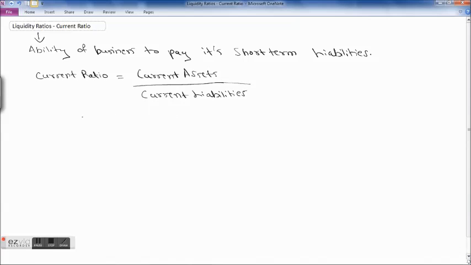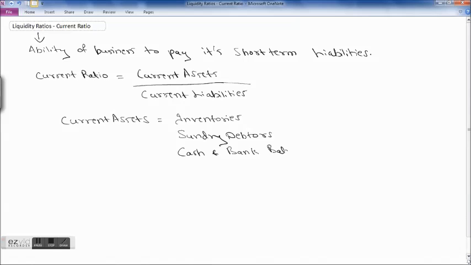Now let's see what is included in current assets, that is the numerator. Current assets will include your inventories, then your sundry debtors. Inventories is stock of raw material, finished goods, WIP, everything. Then sundry debtors, then your cash and bank balances.